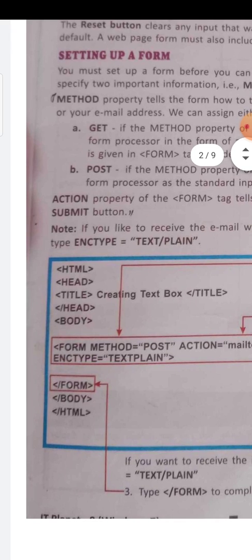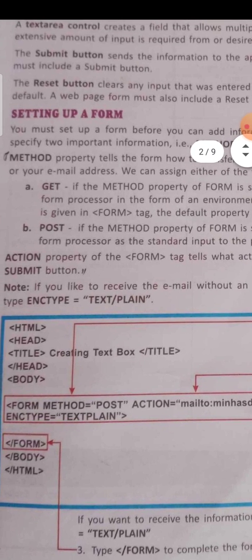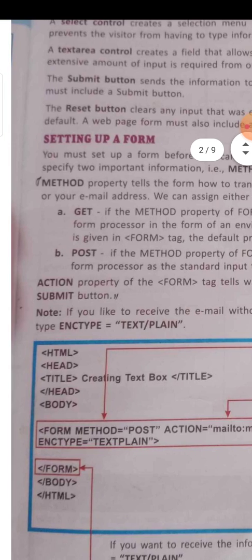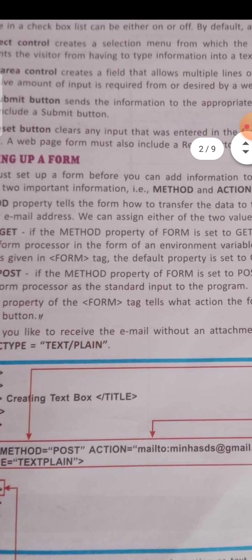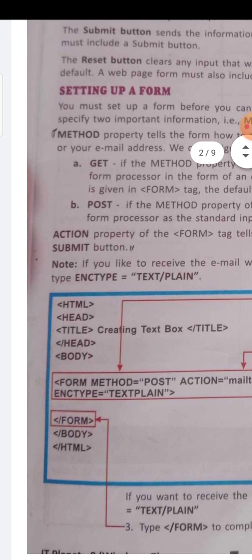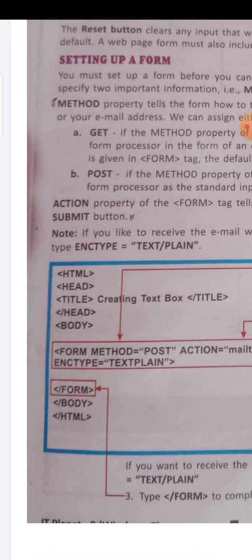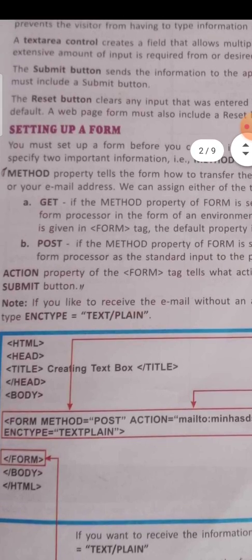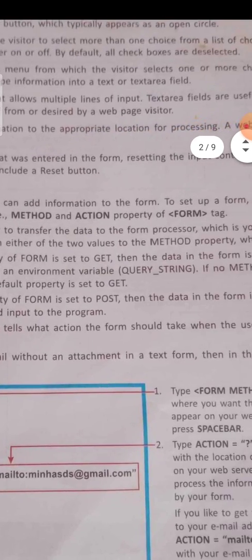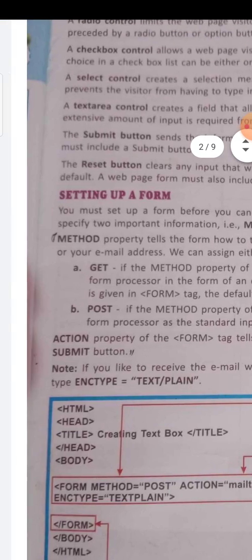And enc type is equal to text/plain is there. We mention text/plain because if you would like to receive the email without an attachment, then we must write text/plain. So here text/plain is mentioned. The action property basically tells the form what action should be taken when the user presses the submit button.